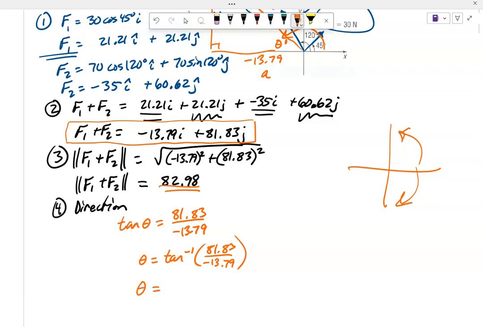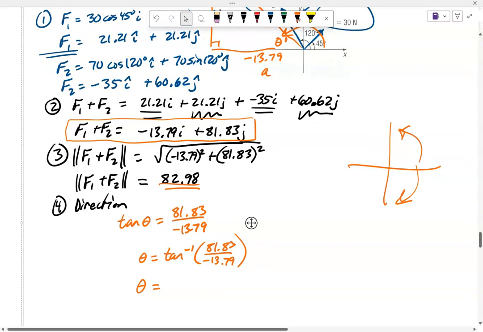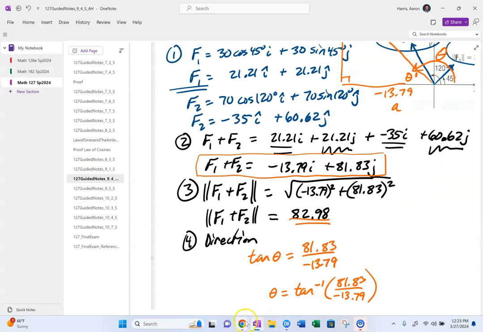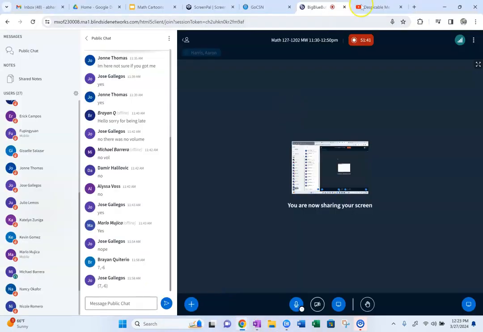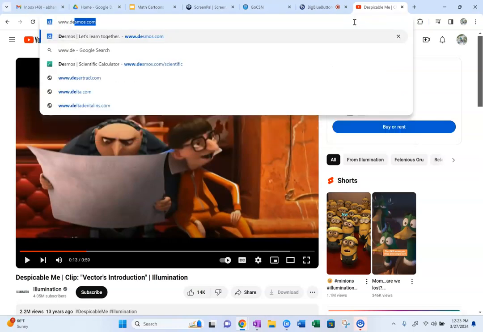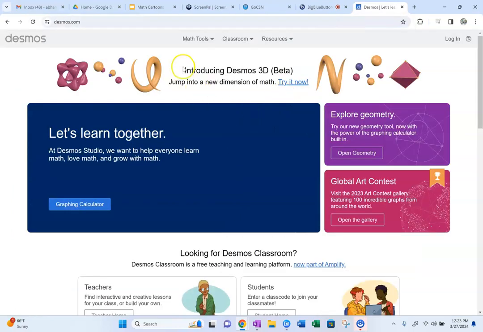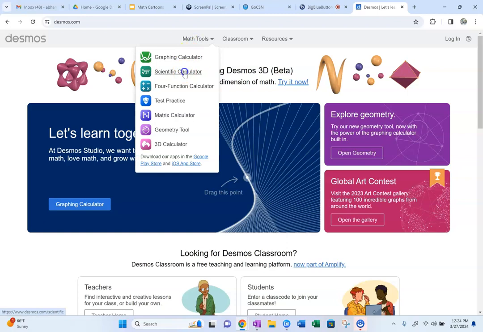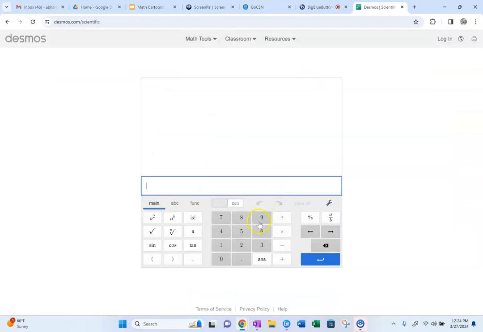Let's see what this thing spits out. I want it to spit out in degrees, so I make sure I'm in degrees.